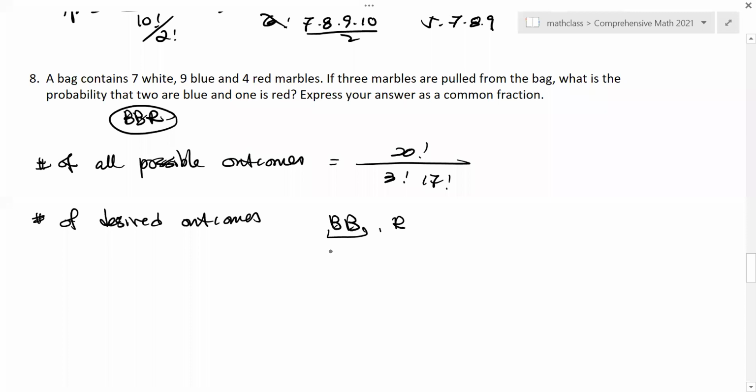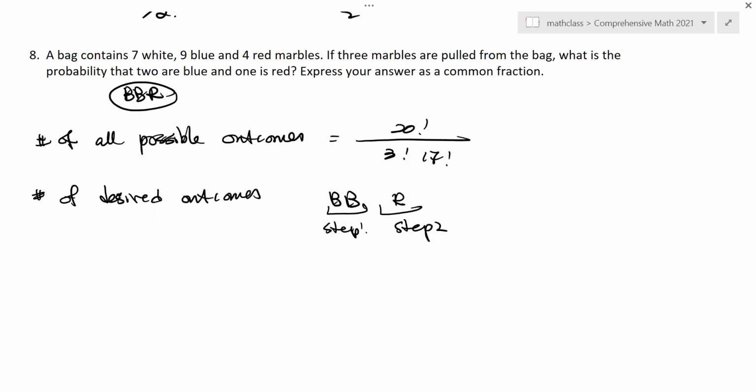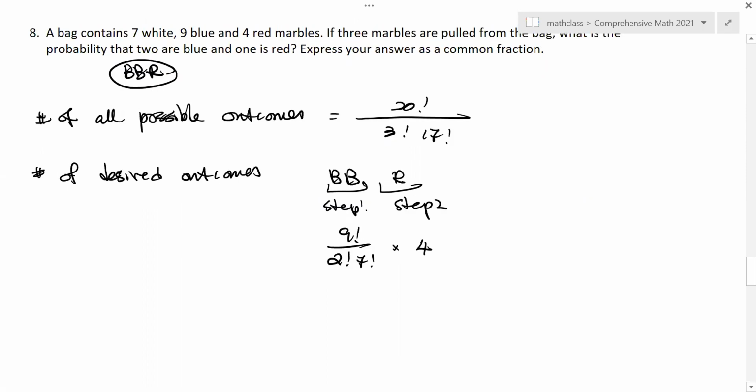Step 1, step 2. You've got 2 independent steps. Each step, what do you get? The number of options for the first step: you have 9 blues there, and you take 2. Step 2, you have 4 red ones, you only select 1, right? That's 4 choices. Total, you multiply this out. So that is the total number of these outcomes.